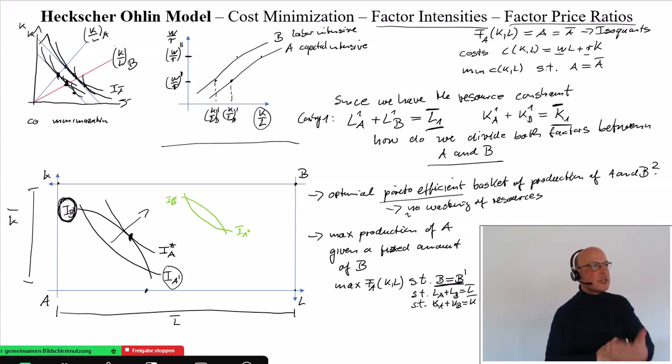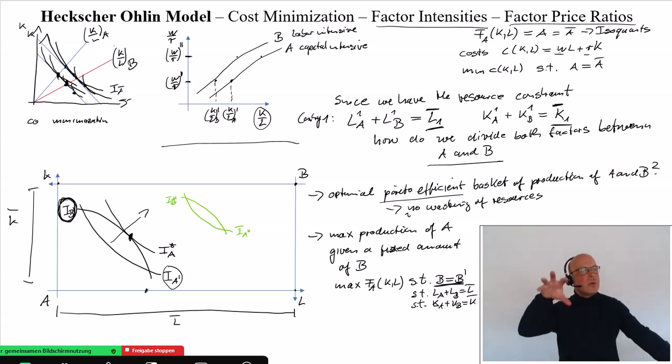Just interchange A and B, and now we want to maximize, given the green situation, the output of B given the output of A represented by I A double prime. What would we do then graphically?